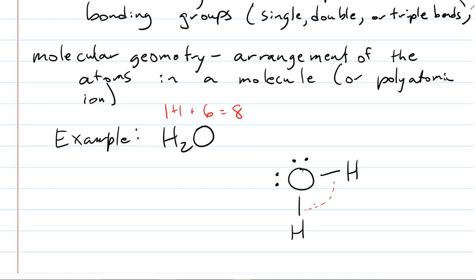If I asked you now which pairs or which groups of electrons are held more closely to the central atom, is it going to be the lone pairs or is it going to be these bonding pairs? The lone pairs are going to be held more closely to the central atom because the lone pairs belong to 1 atom. The bonding pairs belong to 2 atoms.